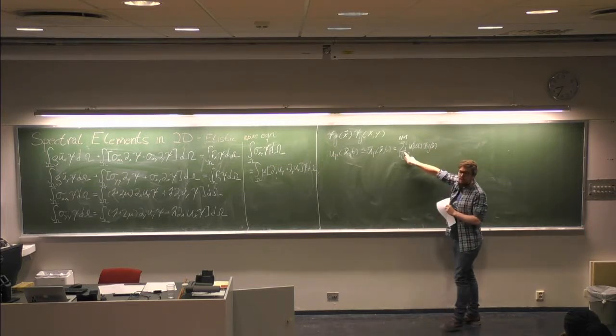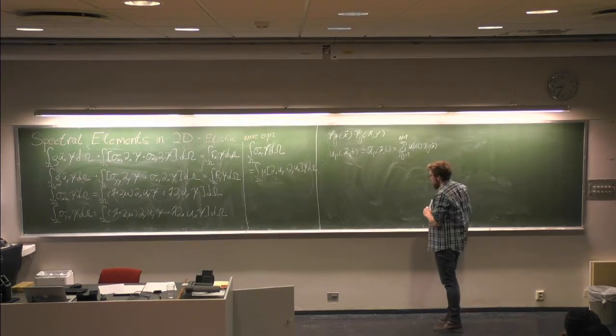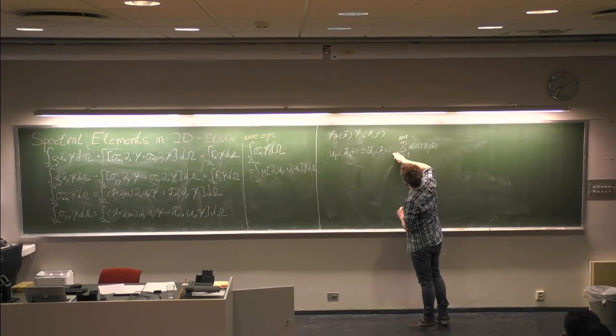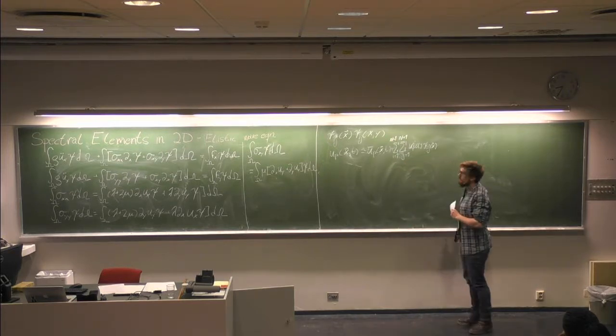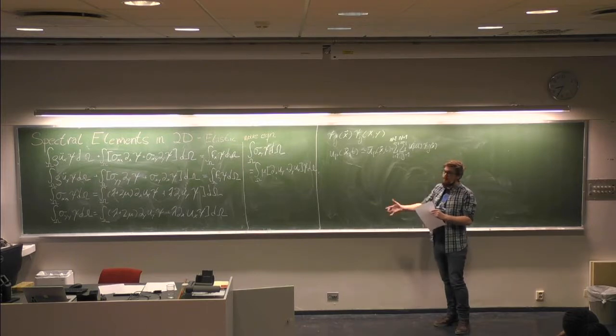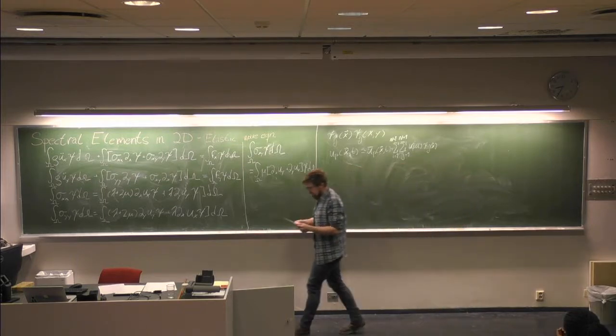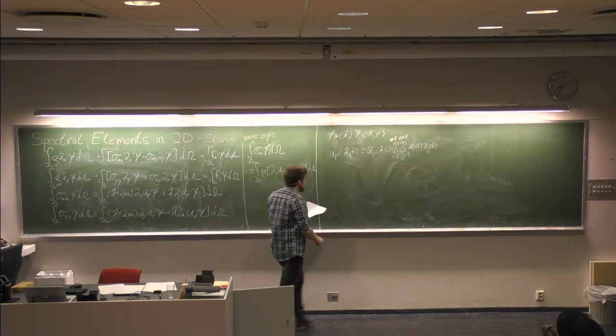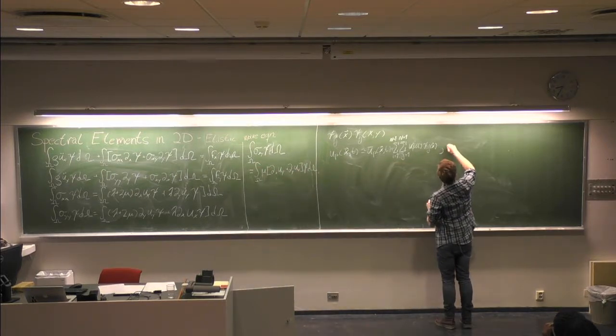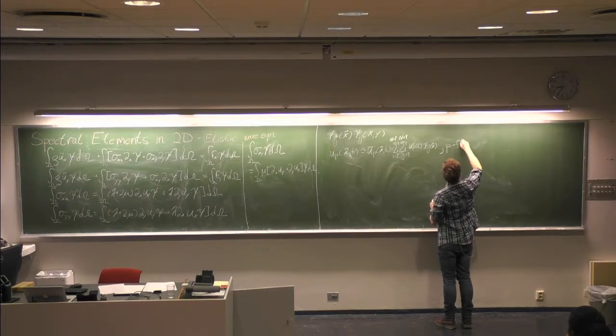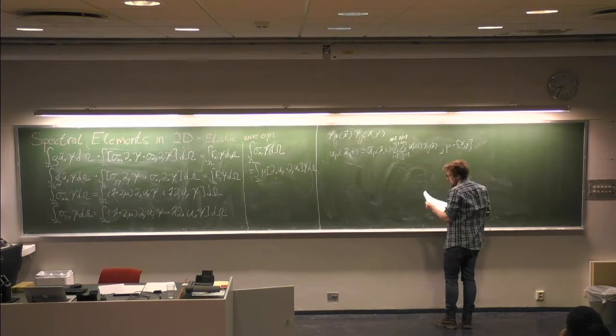So this is actually a double sum. Maybe we should just write this as a double sum as well, because you have to sum the basis functions in both x direction and in y direction to make sense of this. P is either x or y, just to save some space.